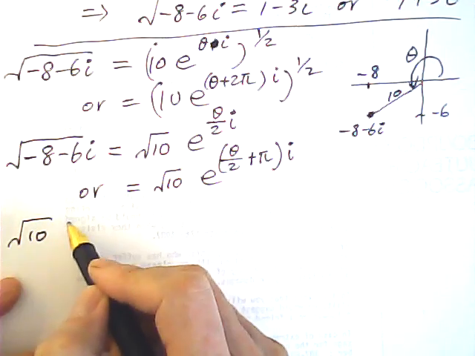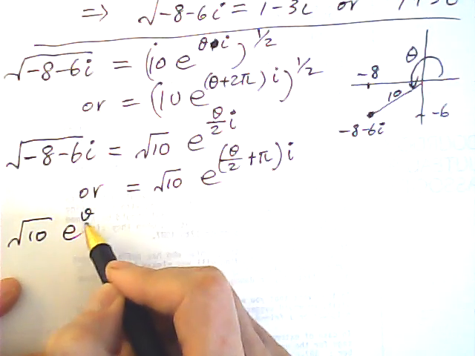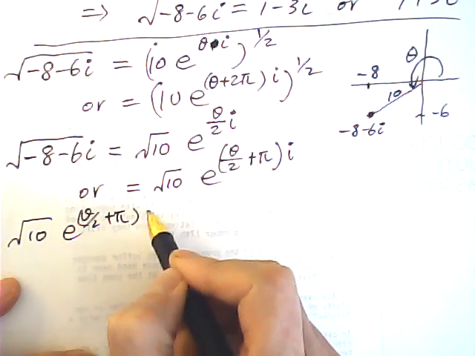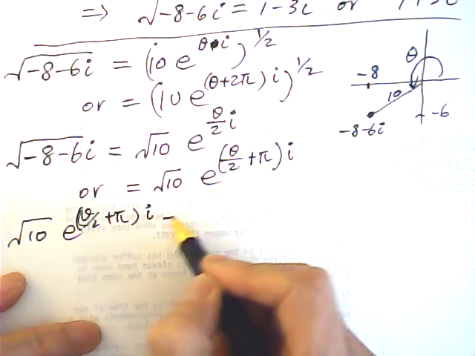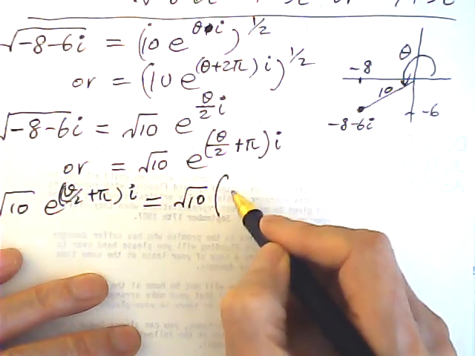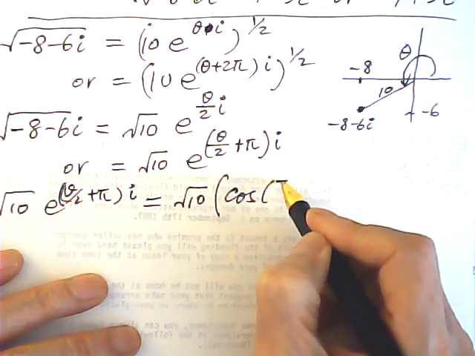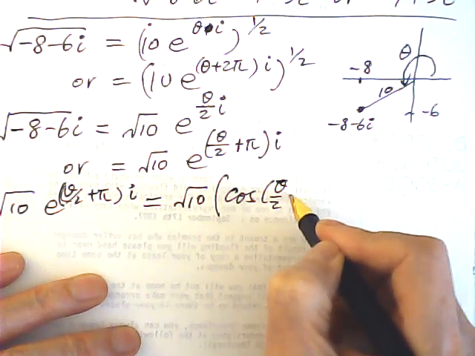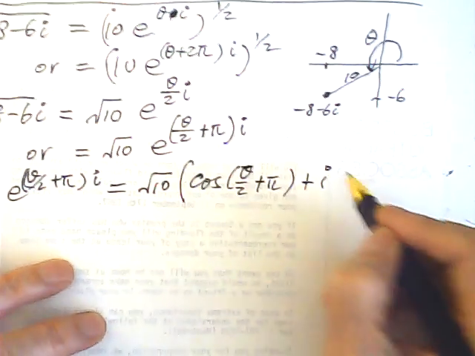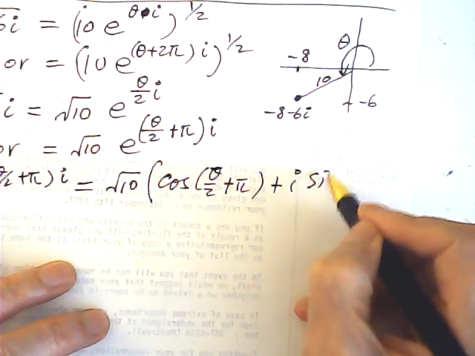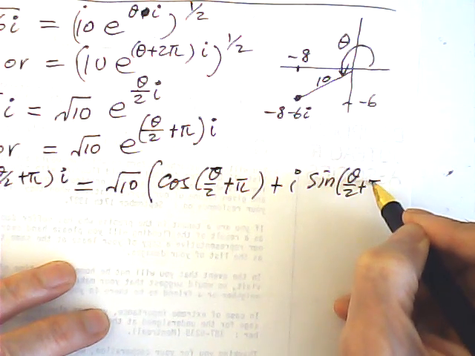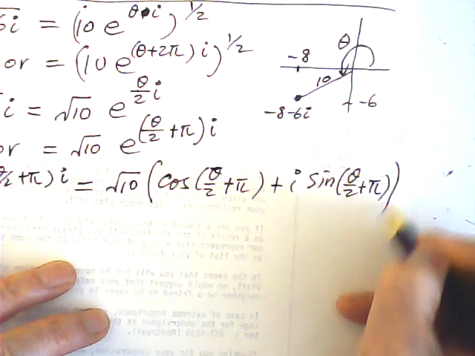Square root 10 e to the half theta plus pi, i, is equal to square root 10 times cosine of half theta plus pi, plus i sine of half theta plus pi.